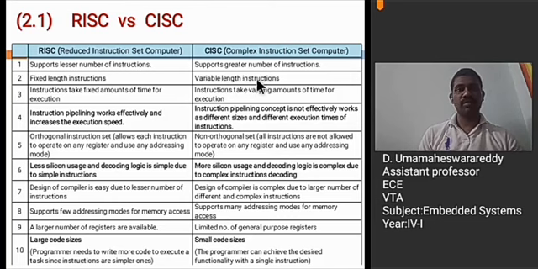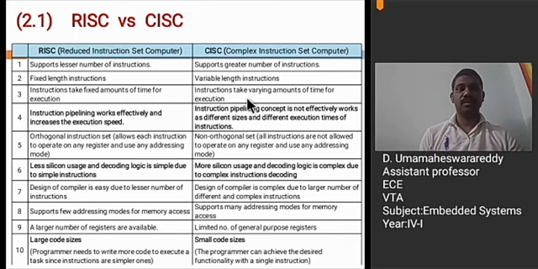Those are not fixed in CISC. In RISC, instructions take a fixed amount of time for execution because they are of fixed length. But in CISC, as the instructions are not of fixed length, instructions take a varying amount of time for execution.